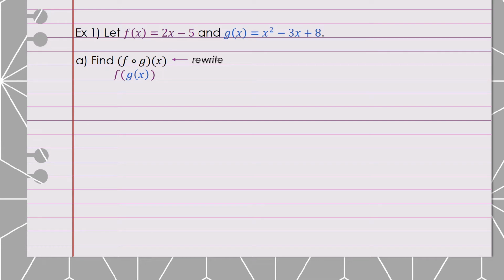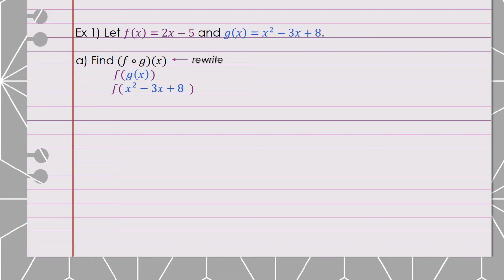G of x is what we see, but we know g of x is the same thing as x squared minus 3x plus 8. We keep everything else exactly as we see it. So the f is still on the outside. Now notice we have grouping symbols. Can you do anything inside the grouping?